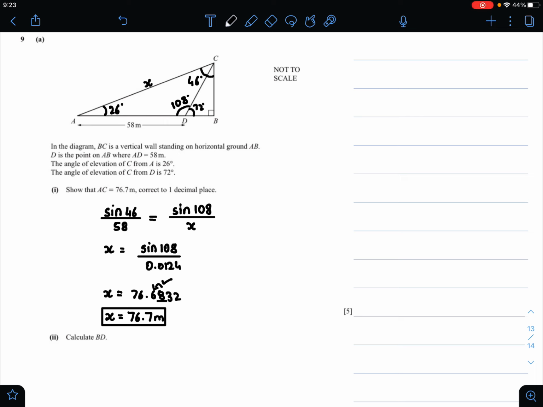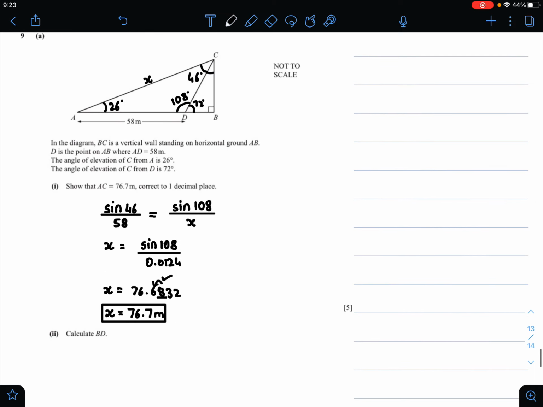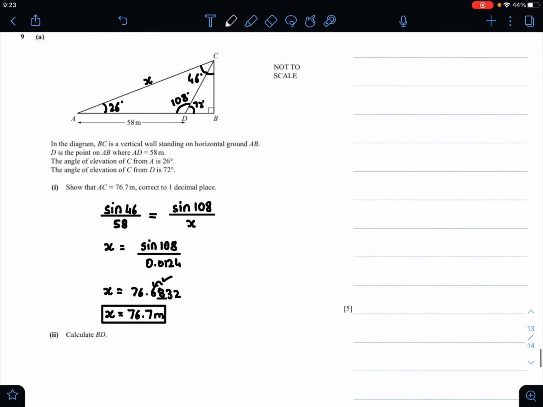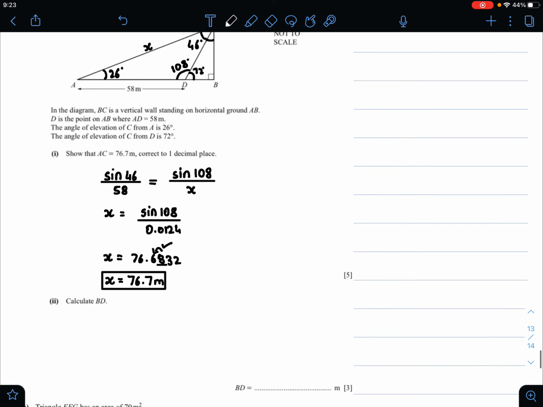So we know the angle 26, and we have to find the side AB, and we know the side AC. So we can use these three values to find the answer for A part 2.